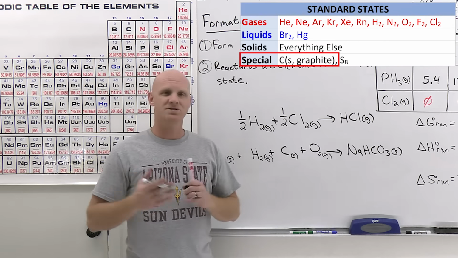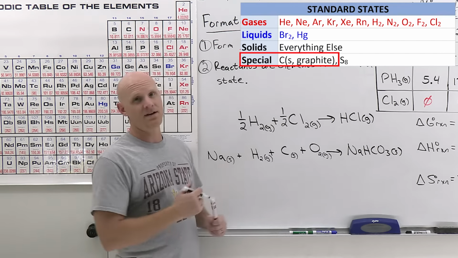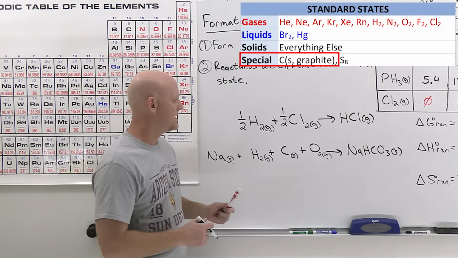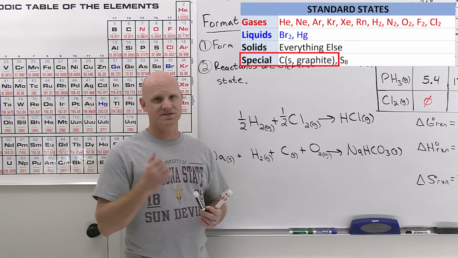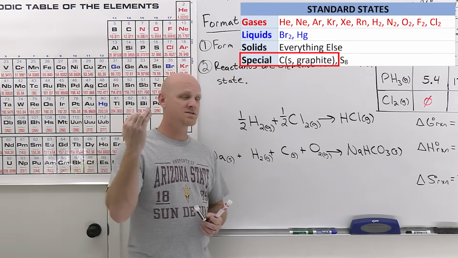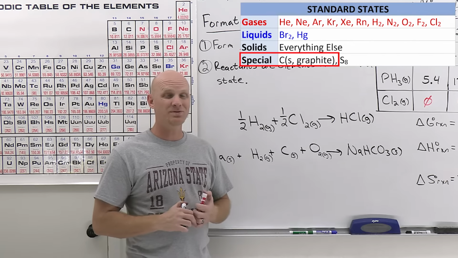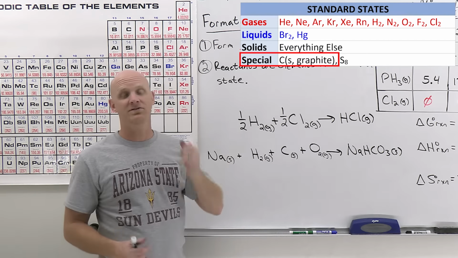Now, some professors don't want to get lost in the weeds and don't want to go through this crazy detail, and they'll accept that. However, some are sticklers and they want what's technically correct. It turns out that there are 3 allotropes of solid carbon. There's diamond, there's graphite, and there's something called Buckminster fullerene. Well, it turns out the lowest energy and most stable form is graphite, and that ends up becoming the standard form.